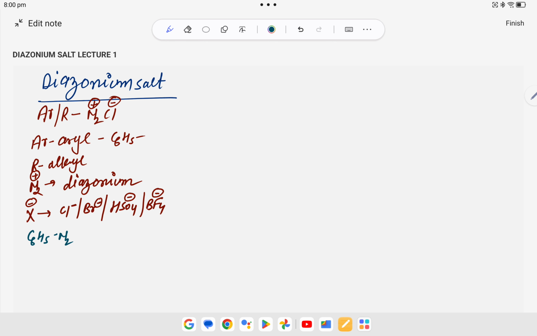C6H5N2 Cl minus. What is the name of the species? Benzene diazonium chloride. Second example, C6H5N2 HSO4 minus.